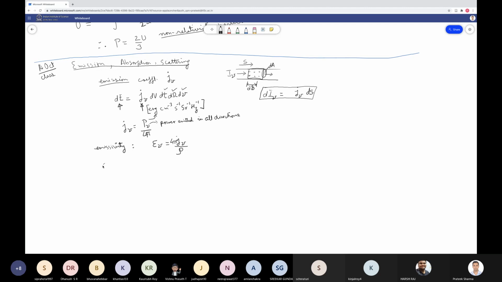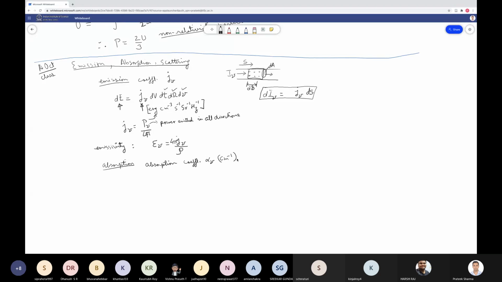What about absorption? In case of absorption, we define something called the absorption coefficient, alpha nu, and the units of absorption coefficient are per centimeter.